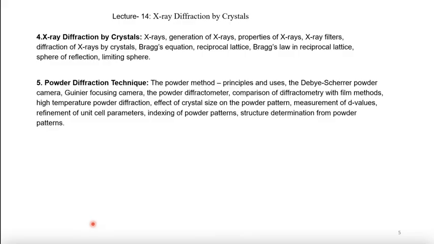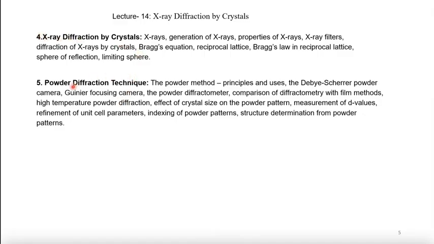In that fourth section, we were talking about X-ray: generation of X-ray, properties of X-ray, X-ray filter, diffraction of X-ray, etc. You can see all these points, and maybe a little bit more, we have covered in the last 4 or 5 lectures of section 4 of the syllabus.